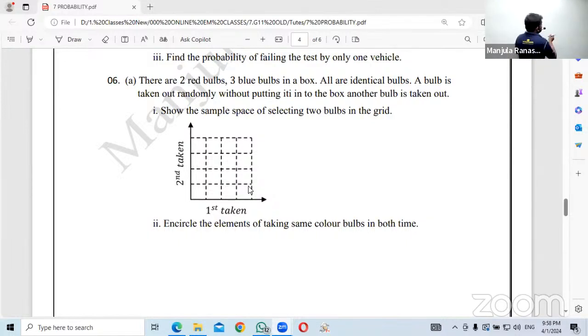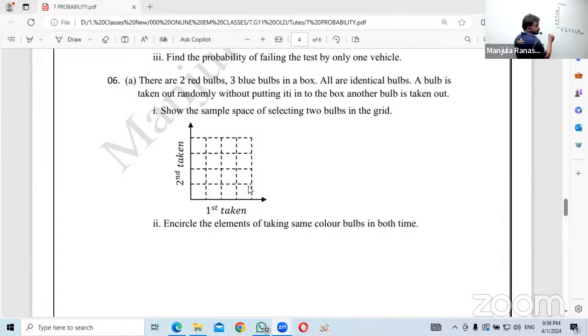So here we have the first taken and here the second taken. 2 red bulbs are indicated as R1, R2 and blue are B1, B2, B3. Here also R1, R2 and B1, B2, B3.